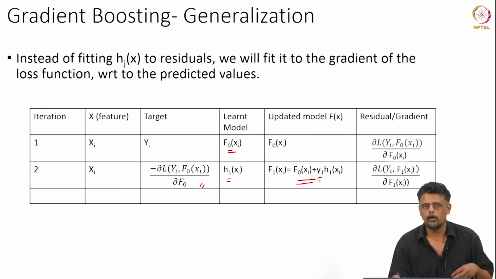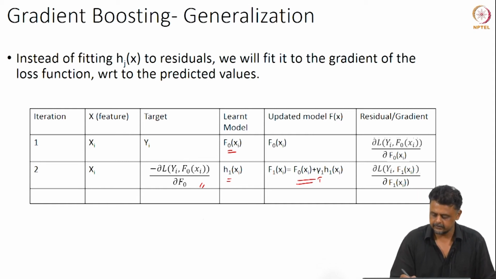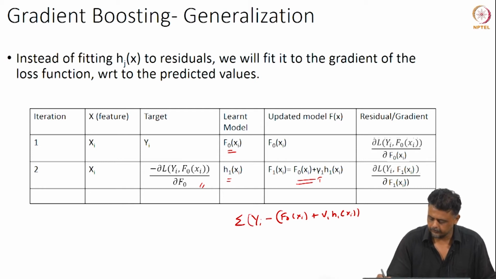This again requires one more optimization. The one more optimization I am talking about is that you have to solve this problem. You can still use squares, you can use 2m also.